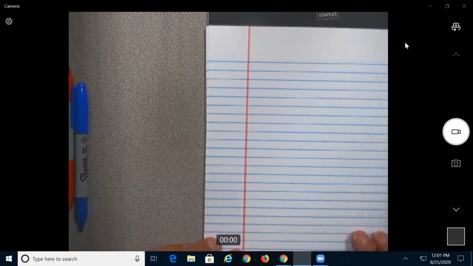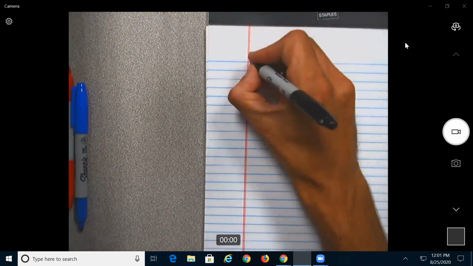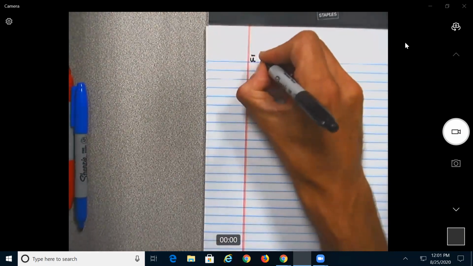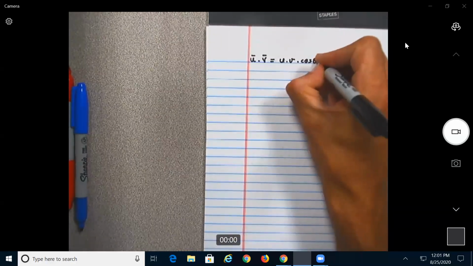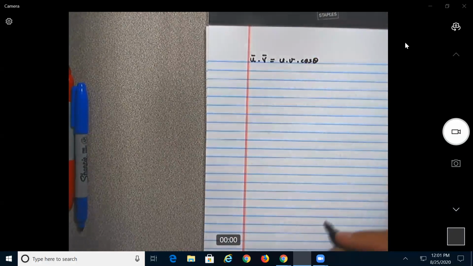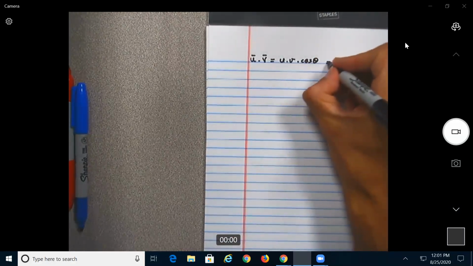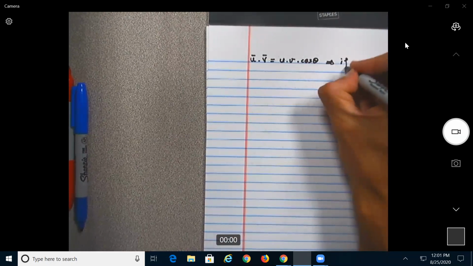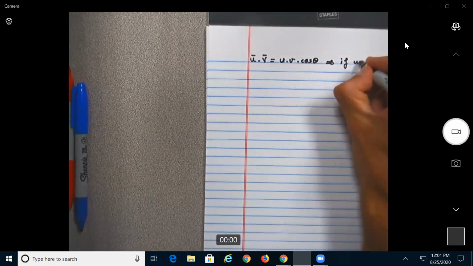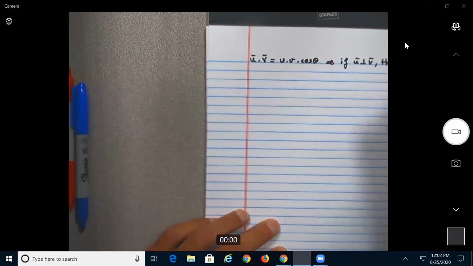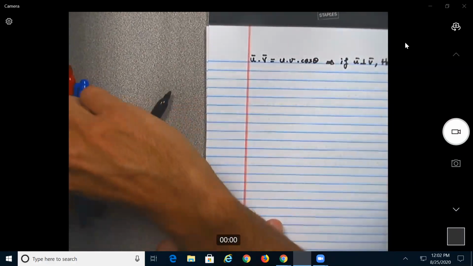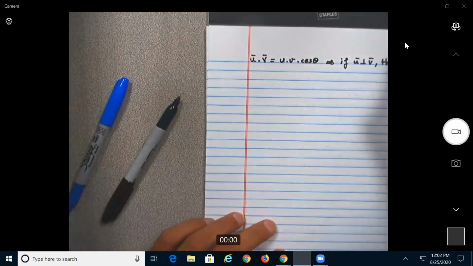Okay, so let's just write the thing we said before because it can be important. If u dot v equals |u||v| cos theta, that means that if u is perpendicular to v, then u dot v is equal to 0, because we know that cosine of 90 is 0.